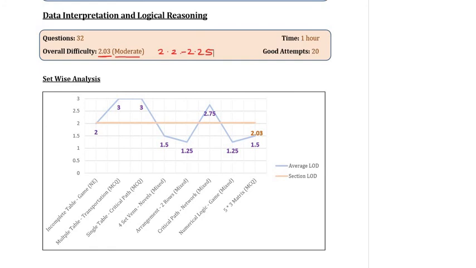Here again in DILR, we look at the topic or the subject matter of the set, which means whether it's a matrix or a Venn or a network and so on. Then the difficulty level, of course, and also its positioning matters.